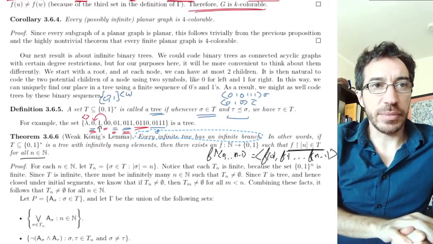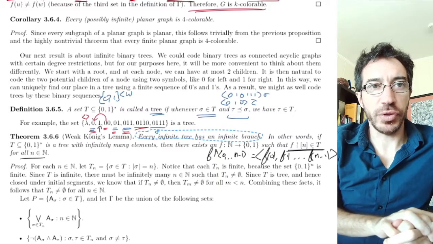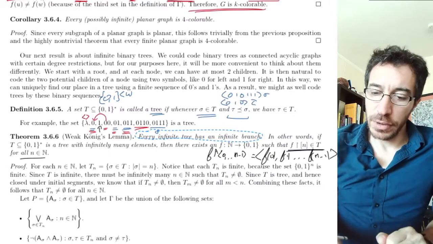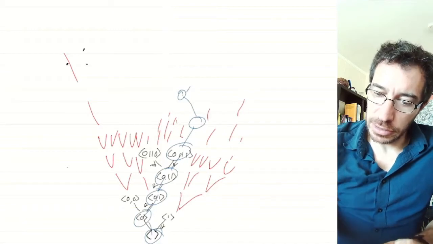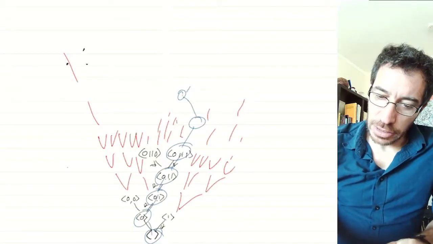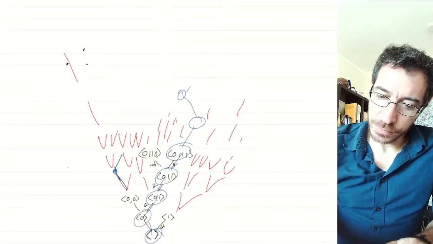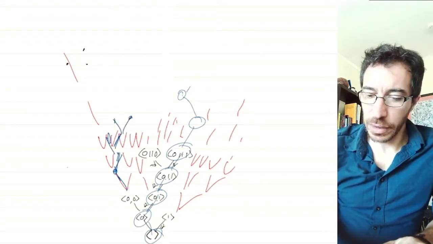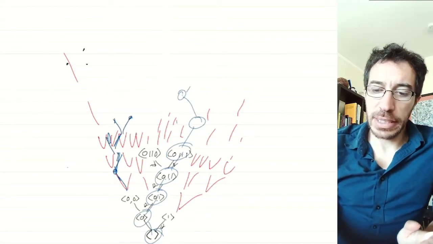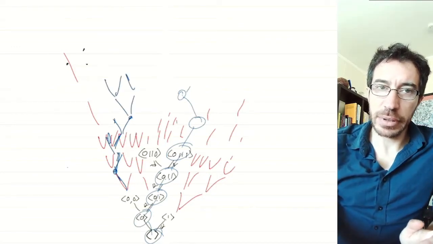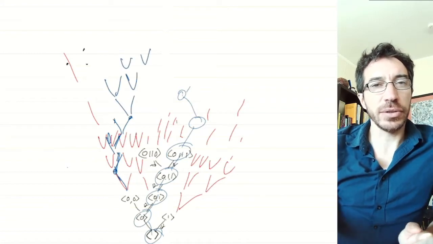Cool, that's a theorem. So let's think about it before we read the proof. Is it obvious? Well, an infinite tree, let me draw a different one here. Maybe it goes here, it continues, and then it splits, and then you have here a split. And it's infinite, it has infinitely many nodes. So we'd say, well, doesn't it mean that you can keep on going up because it's going to have infinitely many nodes?